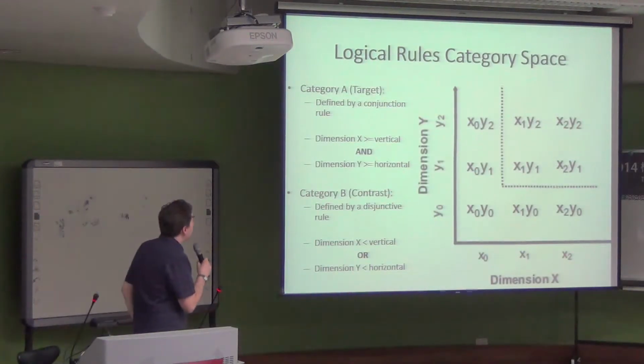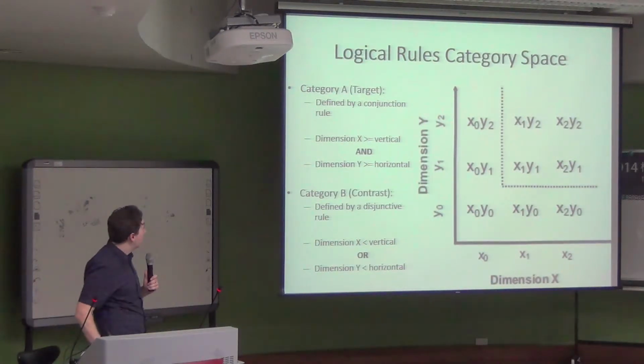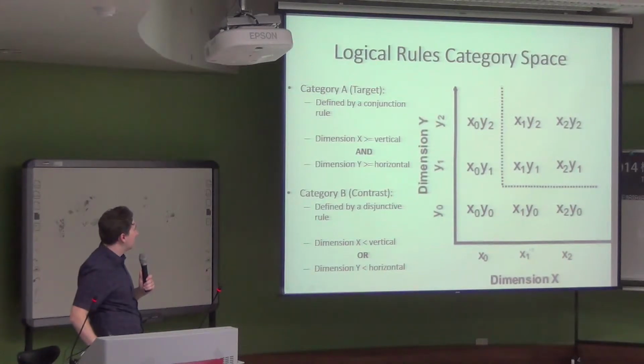I'm going to apply these models to the particular categorization example that I talked about yesterday and that Mario and I applied, which is a category space with 2 dimensions, which have 3 values on each dimension, combined to create these 9 stimuli.